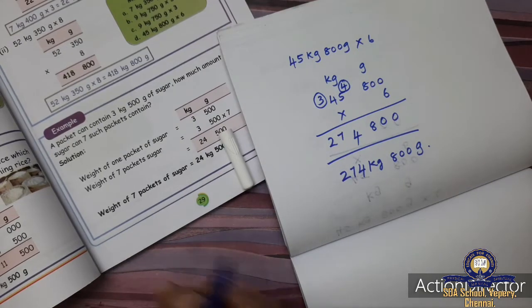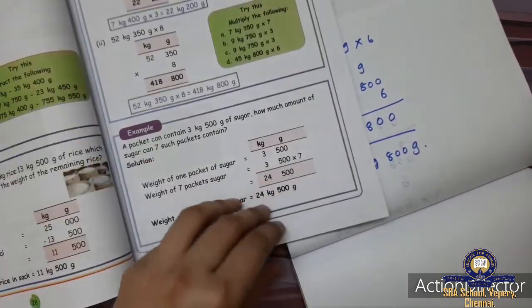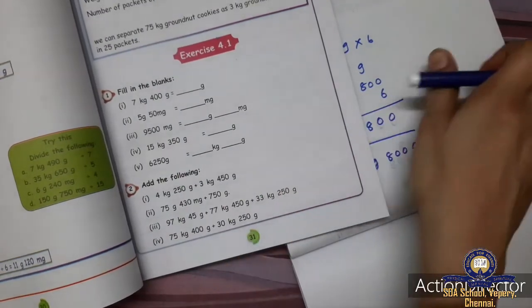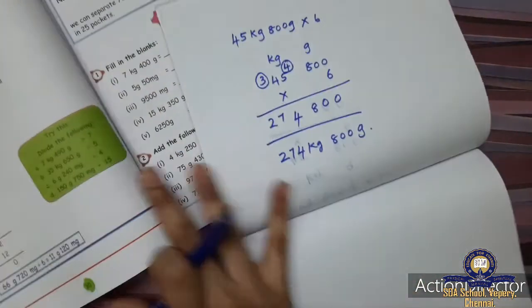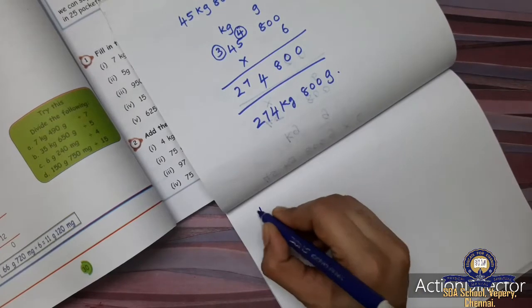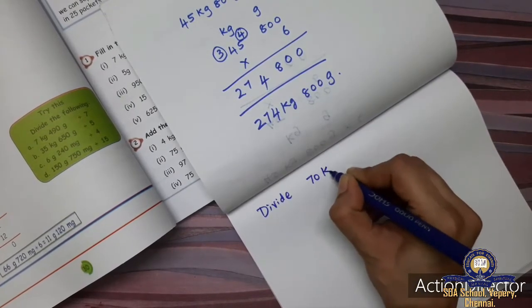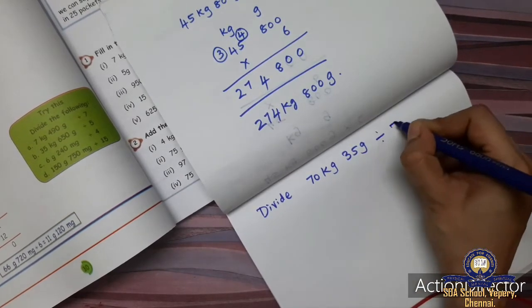Now we shall move on to division. Division is also simple, normal division only. We'll see one example in division. Divide 70 kilogram 350 gram by 7.